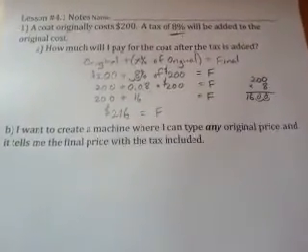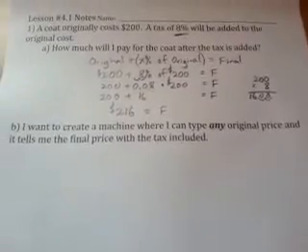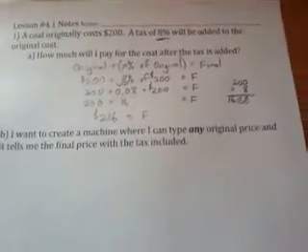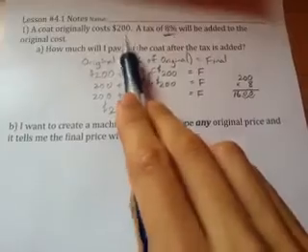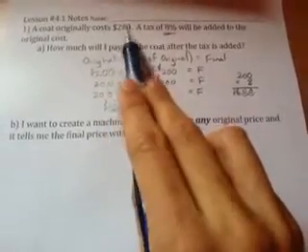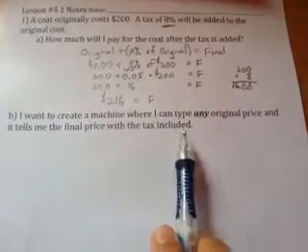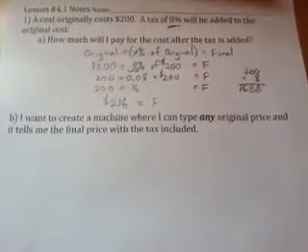Now it says, I want to create a machine where I can type any original price and it tells me the final price with the tax included. Okay, so before it told me it was 200, right? The cost of the coat was 200. But now I'm going to type in any amount. It doesn't have to be 200.